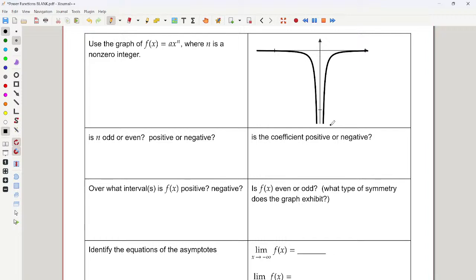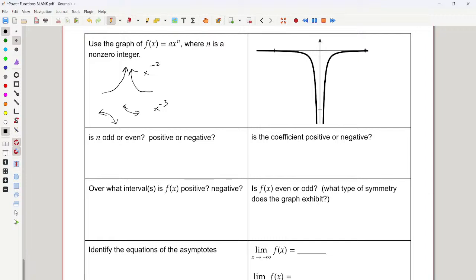Now we know 2 graphs. These are like negative, oops, my bad, I'm writing the wrong thing. This is x to the -2 or anything even, or we have x to the -3 or x to the -1. Which one is it vibing more like?